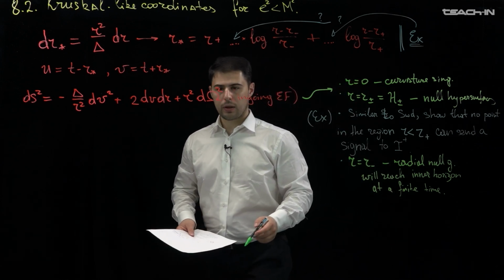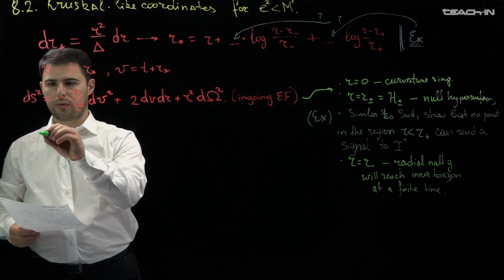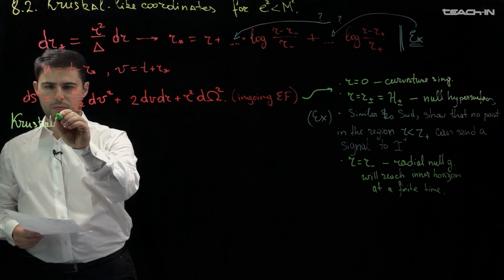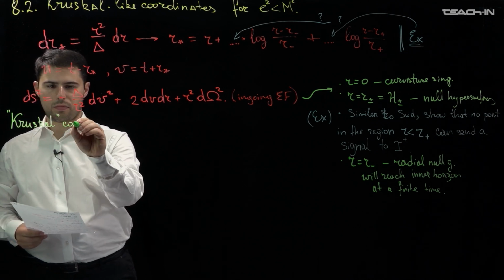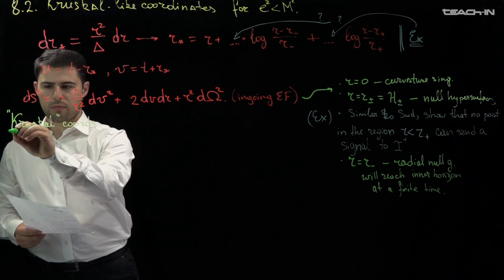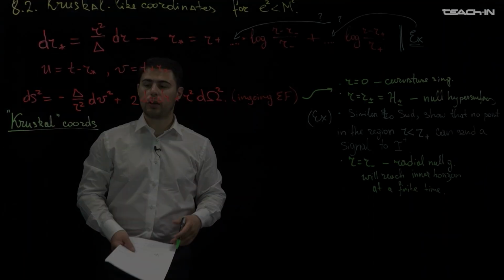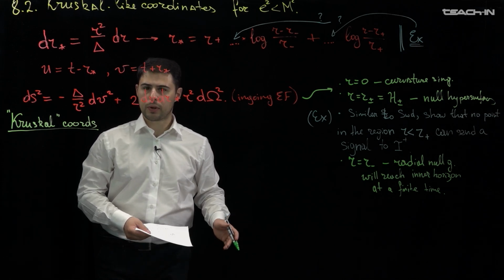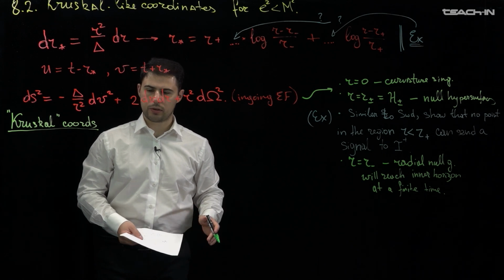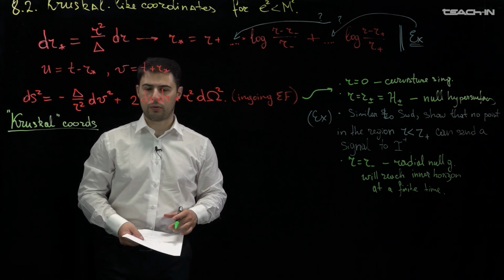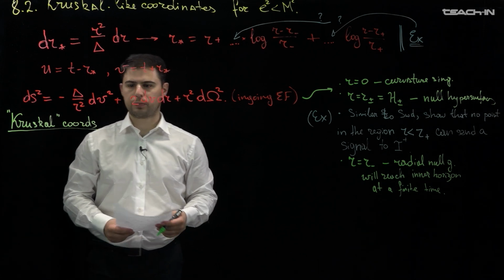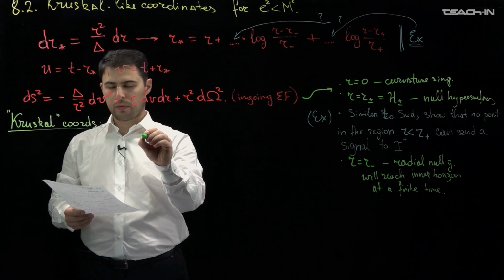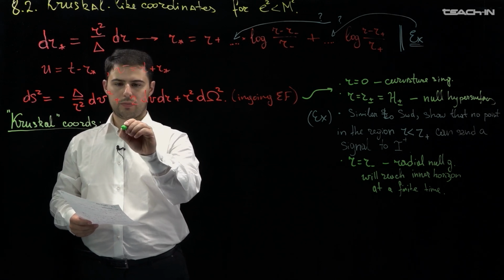Good. Now, let us introduce Kruskal-like coordinates. We will have to introduce two charts. The first chart would cover the exterior and the region between the two horizons. And the second one will cover the full interior of the black hole.